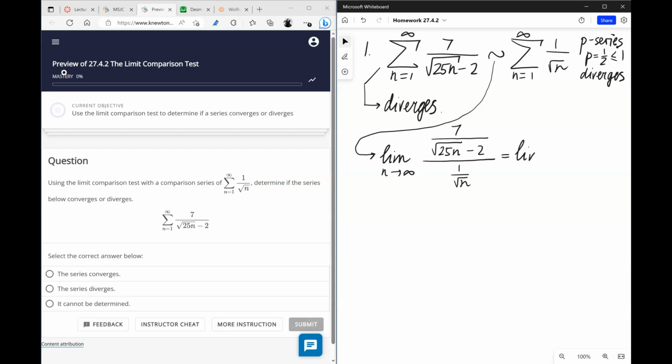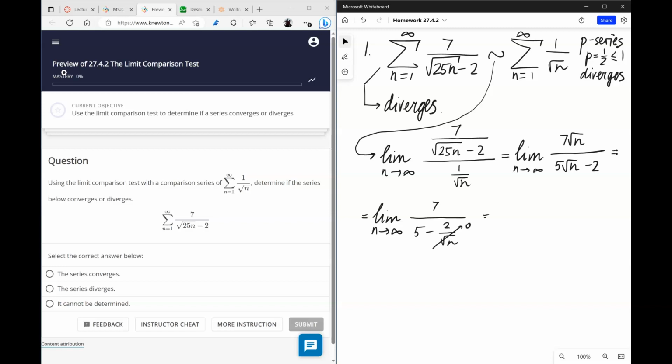Well, this process involves finding this limit. And I'm just going to simplify these expressions. And we can see that, for multiple reasons, one of which is if I divide everything by the square root of n, I'm going to end up with this.